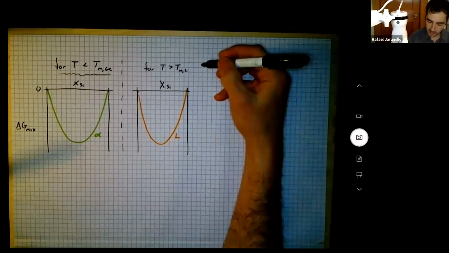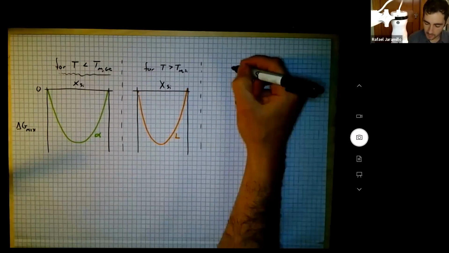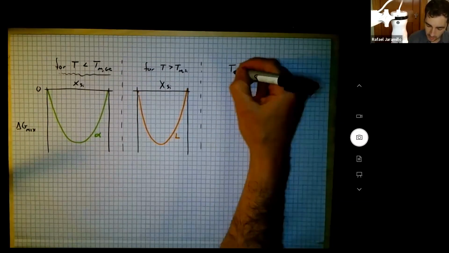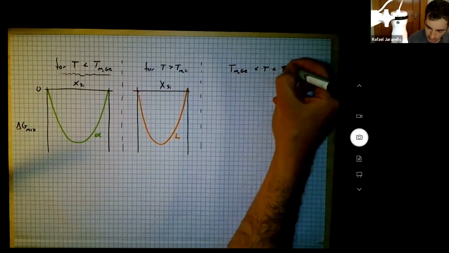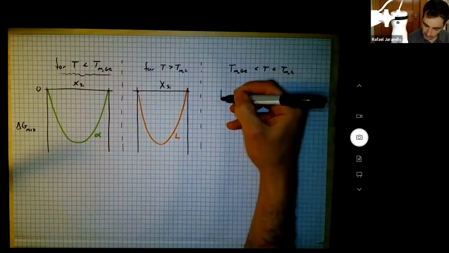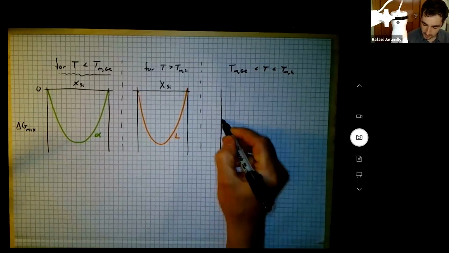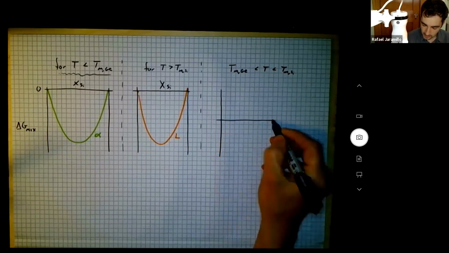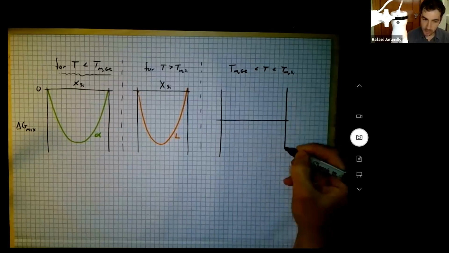But things get a little bit more interesting when we are in between, when we have different reference states, that is, the pure components are in different structures.